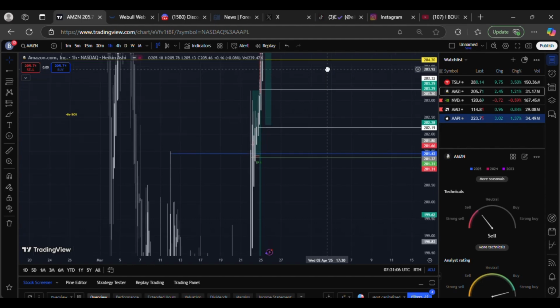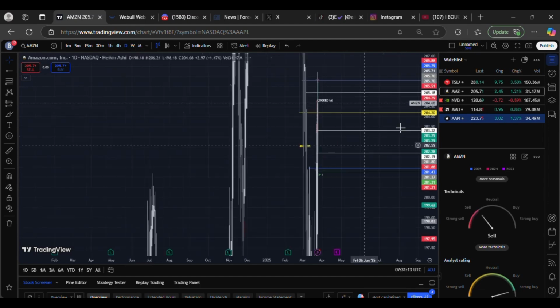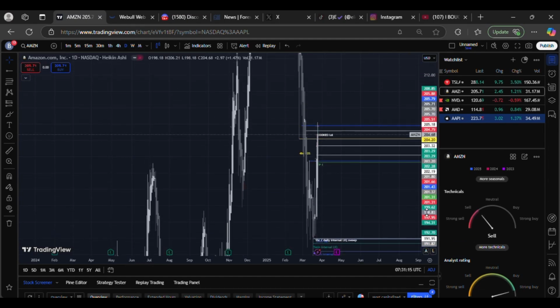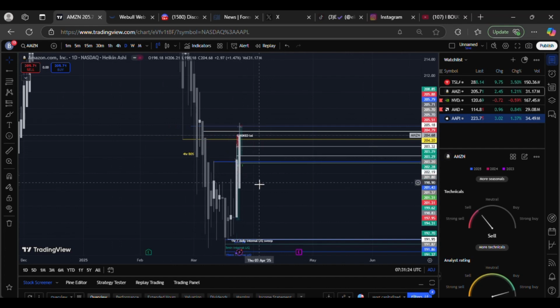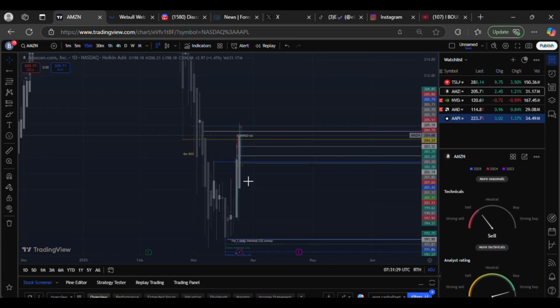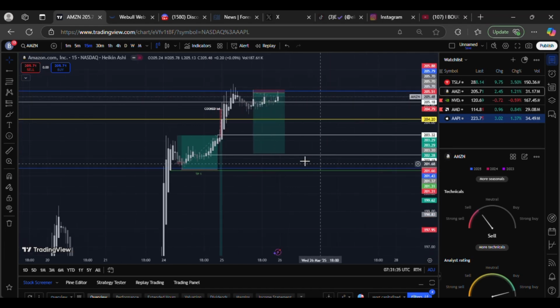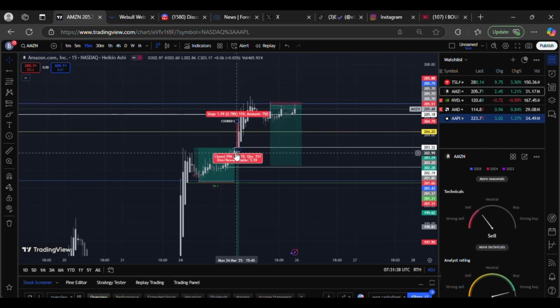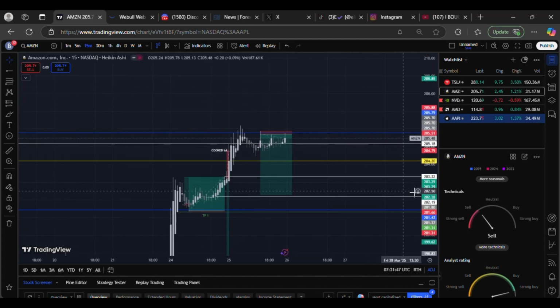But I noticed that yesterday we swept these daily liquidity highs right here, and I thought we were going to have a little retracement yesterday, so that's why I left my position open here after I banged that one trade. I immediately opened a short after we broke these highs because I thought that was the liquidity sweep, but it wasn't.